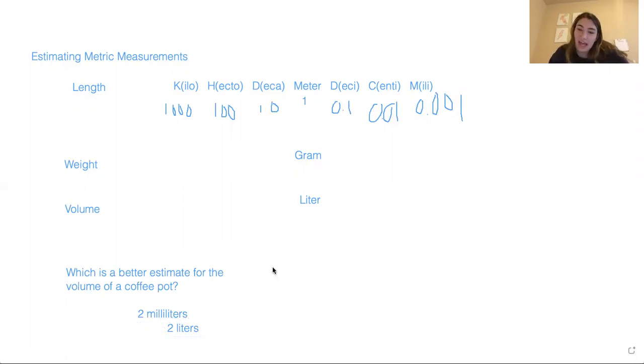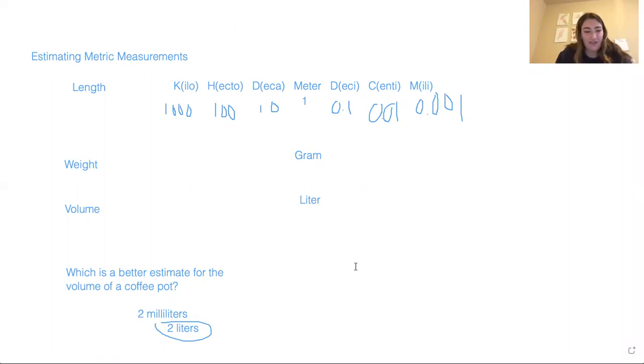Do you think it's closer to some drops of water in a mug, or closer to those big soda bottles you get at the pizza place? I'm thinking it's probably closer to the soda bottles than some drops of water. Don't you think that? Because milliliters are really tiny. So 2 milliliters, that's like nothing.